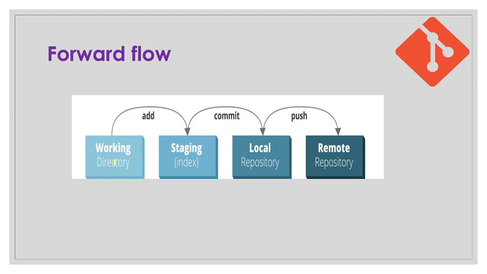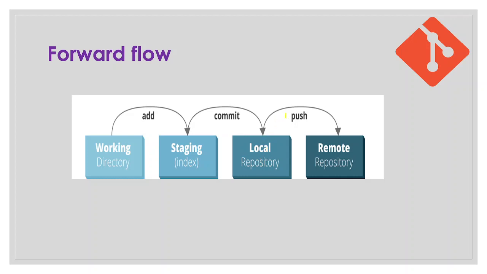To move the change from your working directory to staging or index, we use a command called add. From staging to the local repository, we use a command called commit. So if you use commit, the files in staging are committed to the local repository.